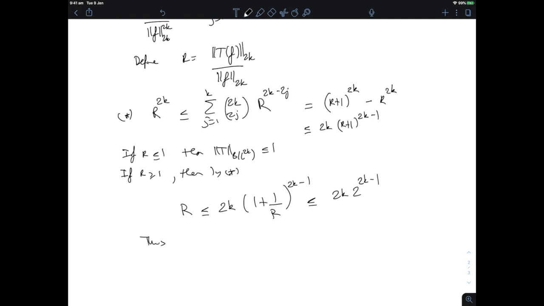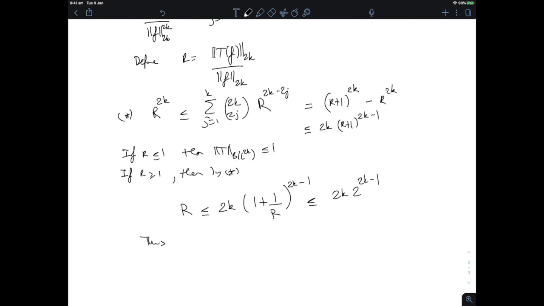So what have we got? And this number, by the way, is certainly greater than 1, right? So even if k is 0, then I get 2 to the minus, sorry, k cannot be 0. k is at least 1, so this is 2.